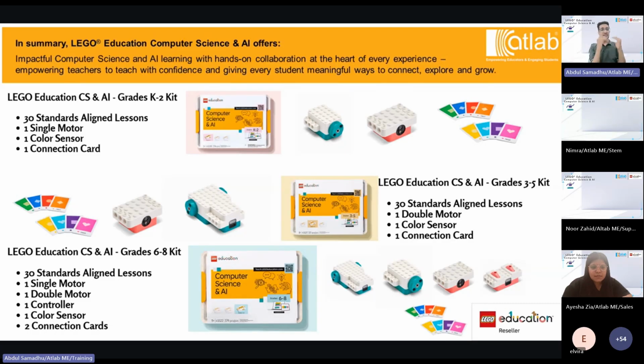So this is the classification of the kits themselves. The first kit comes with simple electronics. As you can see, depending on the age group, the complexity of the electronics also changes. So based on the electronics that are in the kit, the lesson type also changes. That is how the progression is clearly mapped for educators. So it is easy for anyone to teach these computer science and AI concepts inside your classroom.